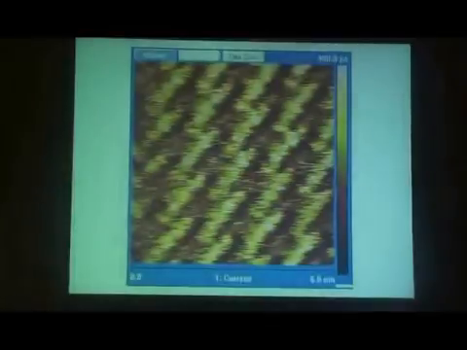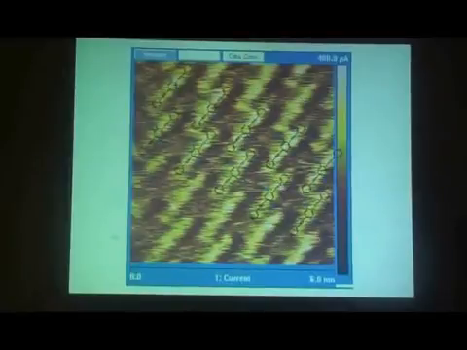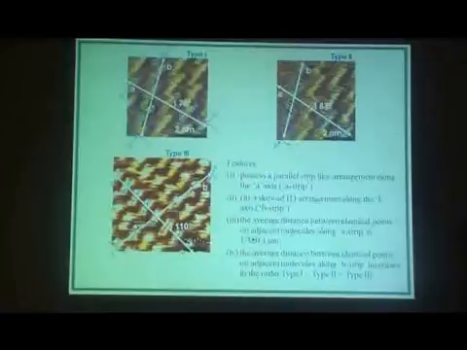If you start arranging the molecules, you can see that all of them have the same length and the same separation.